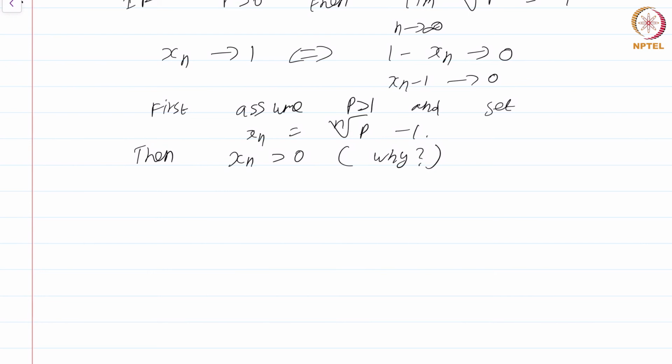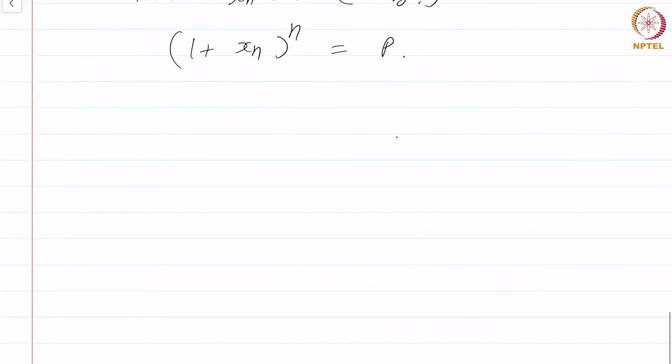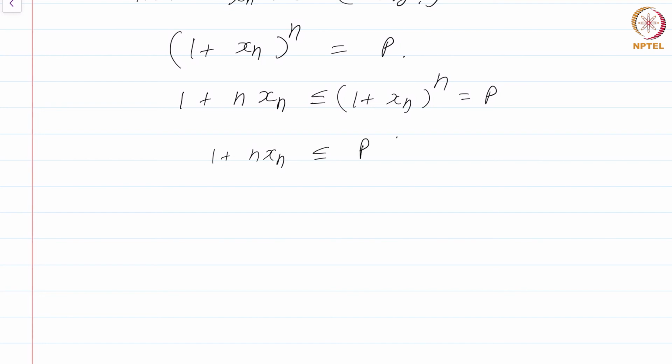Well, observe that (1 plus xn) to the power n is nothing but p. By the binomial theorem, we can write 1 plus n xn is less than or equal to (1 plus xn) to the power n, which is equal to p. In other words, 1 plus n xn is less than or equal to p, or xn is less than or equal to (p minus 1) by n.